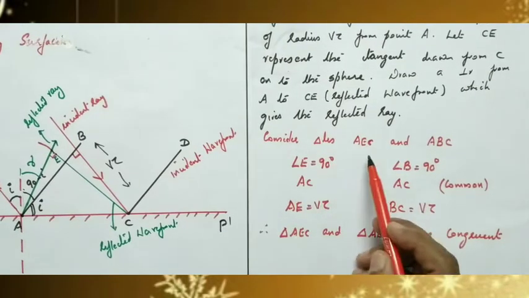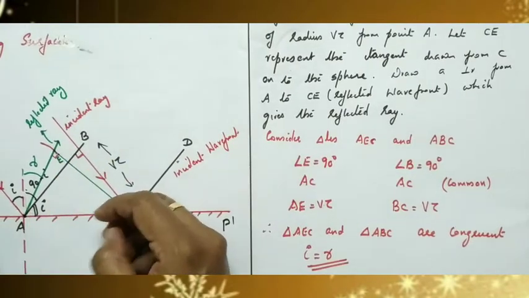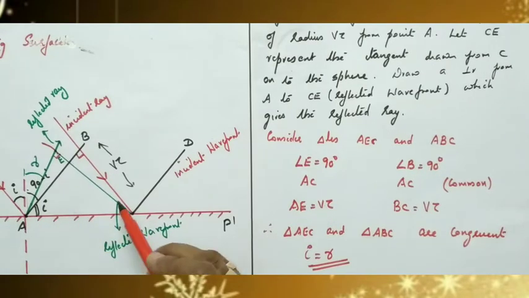Triangle AEC and triangle ABC are congruent, and hence angle i and angle r are equal.